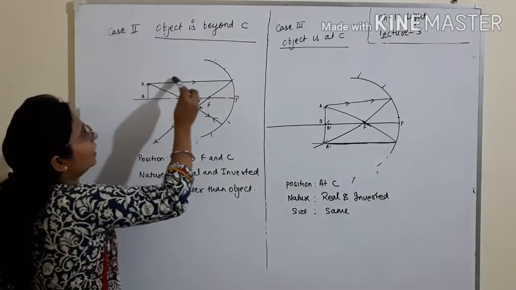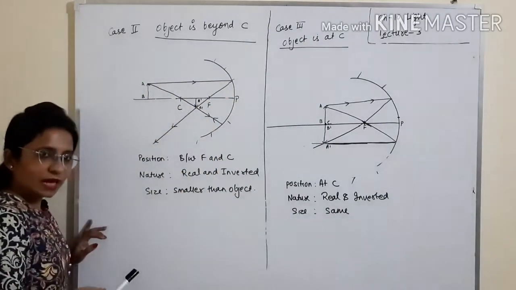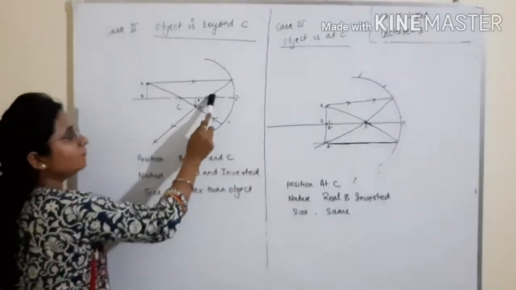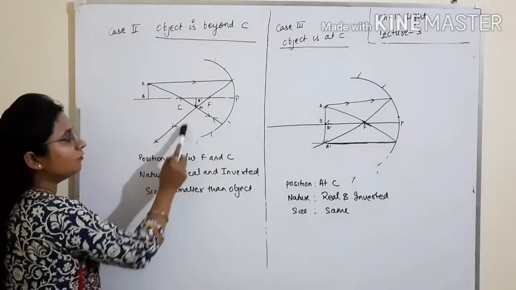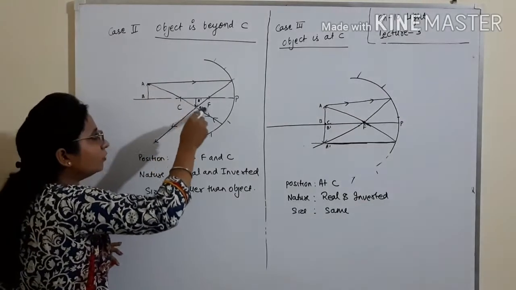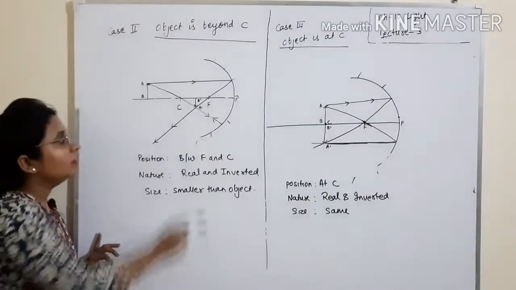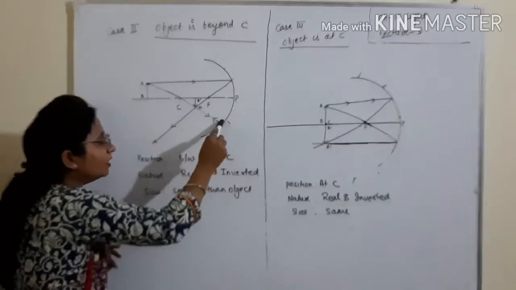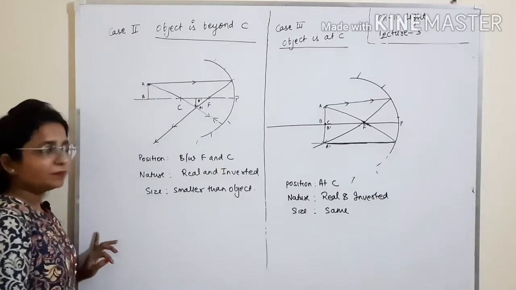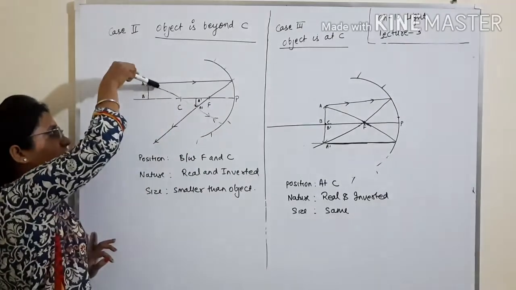The first light ray is parallel to the principal axis, so it will pass through F after reflection. This is the first reflected ray. And we have passed the second ray through the center of curvature. The light which is passing through the center of curvature will reflect back along the same path. So this is the second reflected ray.